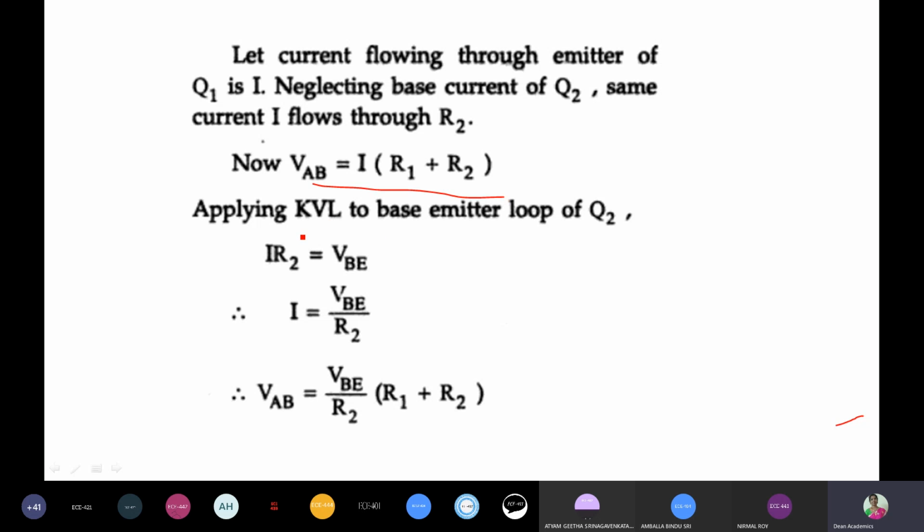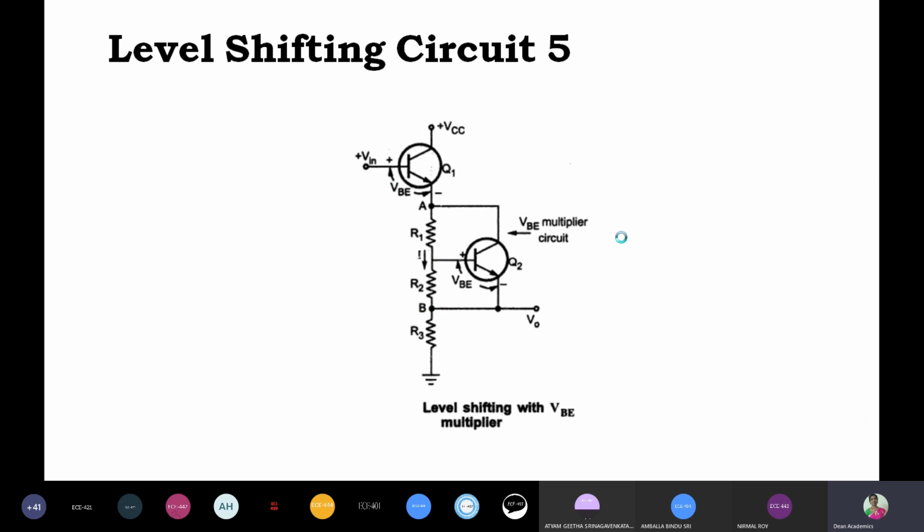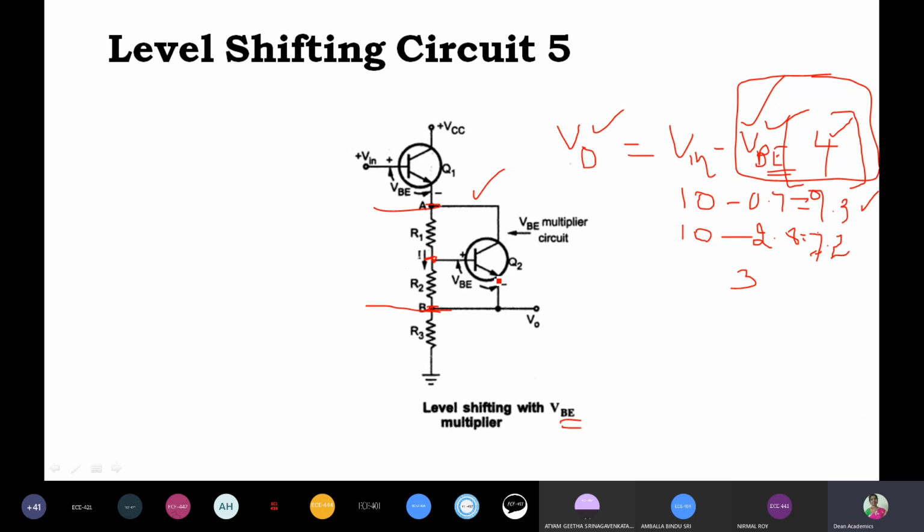Now apply KVL to base emitter loop of transistor Q2. Let us see transistor Q2 base emitter loop, right? So from this base emitter loop, what are the terms we have? R2 and VBE, right? R2 and VBE.